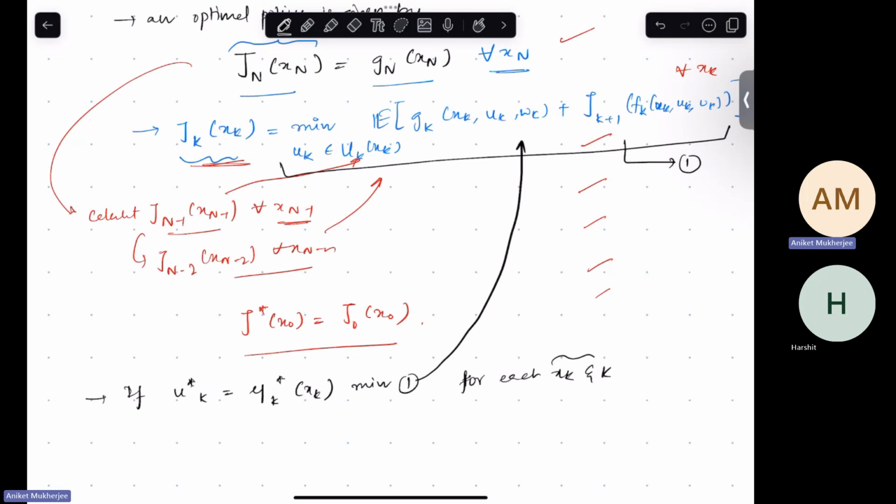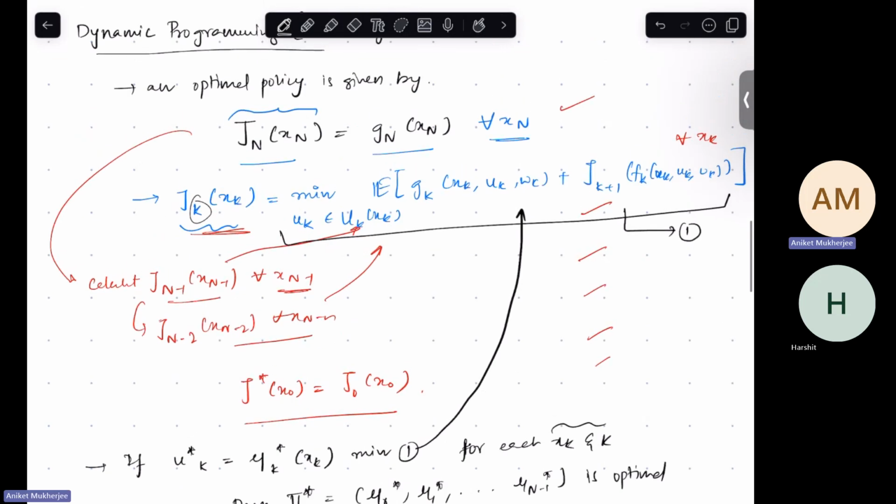So you have to do this for all k's, k going from n minus 1 to 0. Then your optimal policy pi star is mu 0 star, mu 1 star, and so on, mu n minus 1 star. This is optimal.